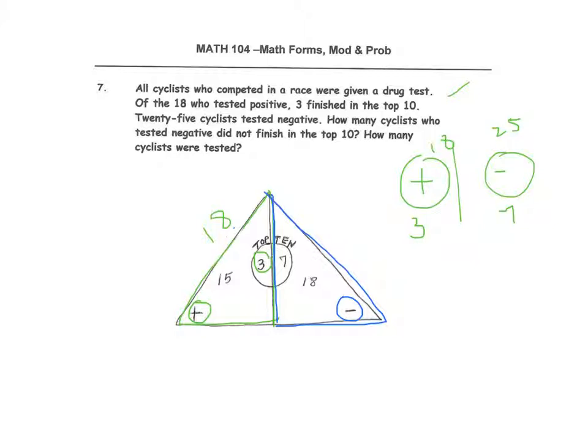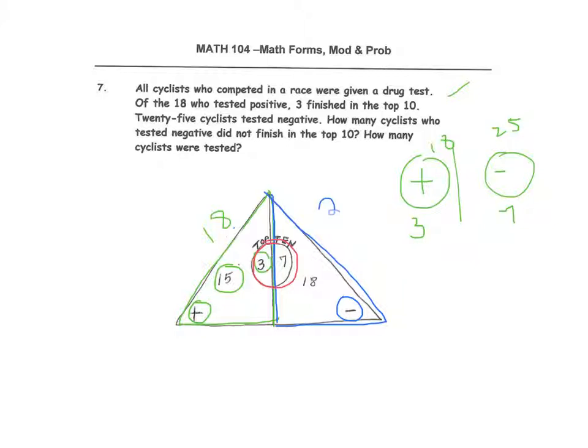So the middle circle represents the people who finished top 10. So 3 people out of the 18 who tested positive came out in the top 10, which means 15 people did not come out in the top 10. Now let's look at the other triangle, the blue triangle.